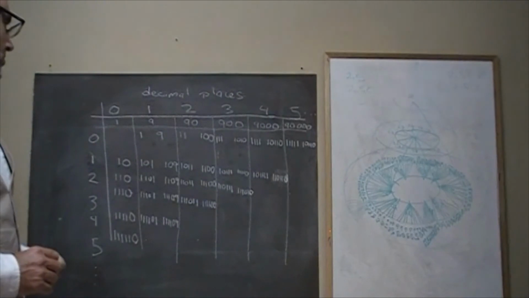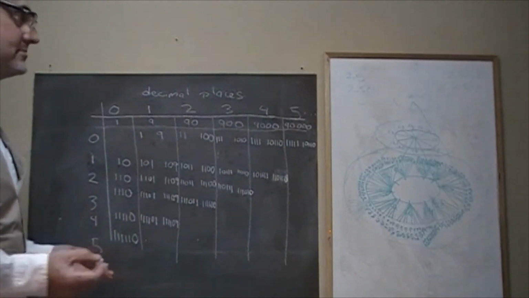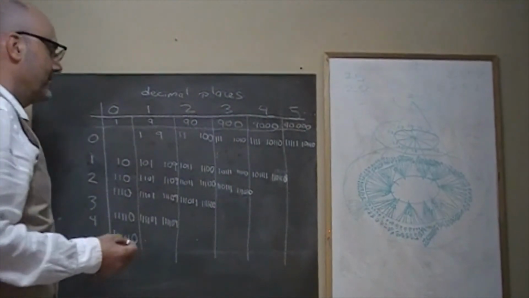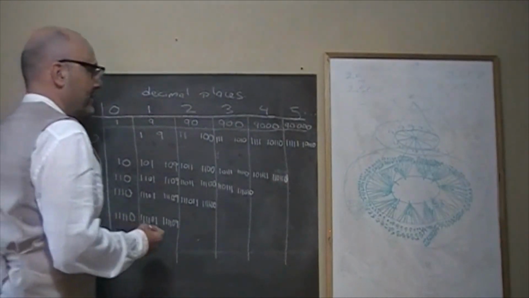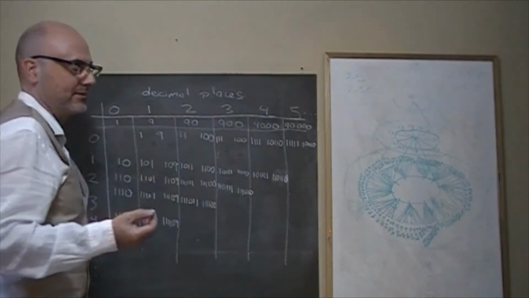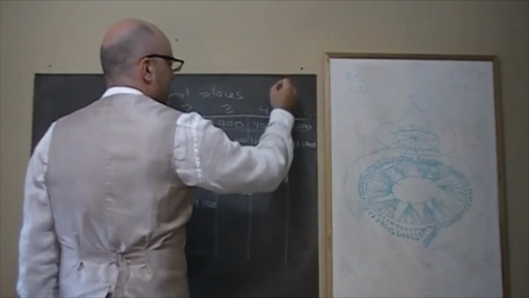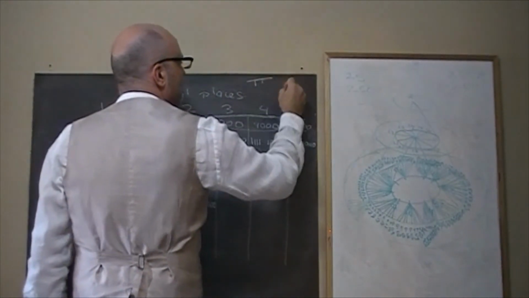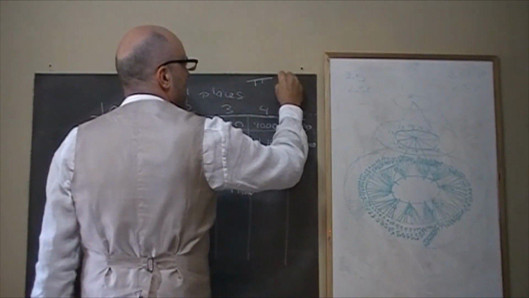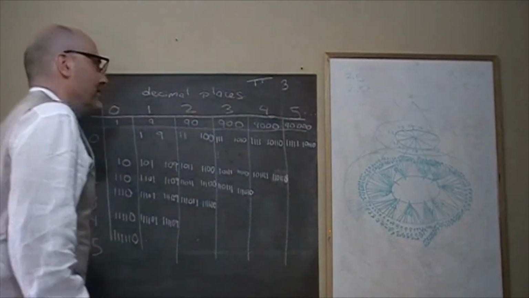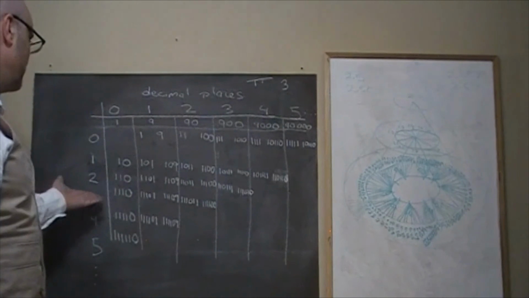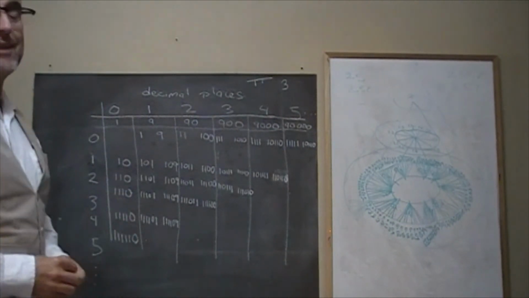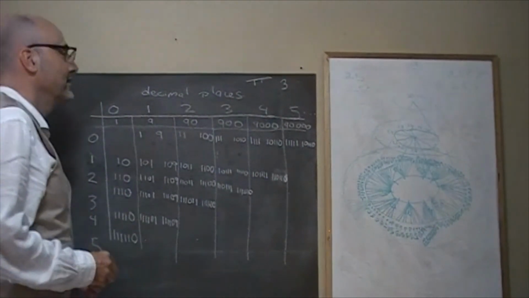If you wanted to do a repeating or an infinite decimal like pi, let's say pi. So if you were just going to do the integral component, it would be 1110, so that would be the number assigned to it.